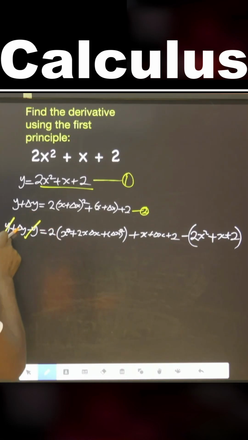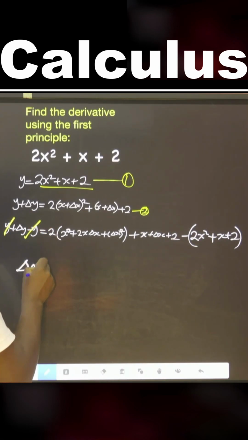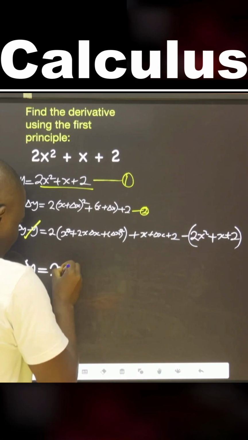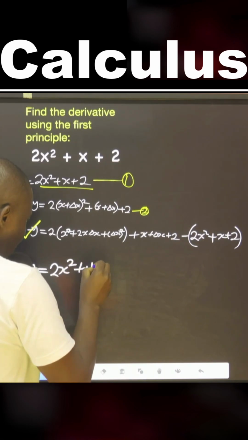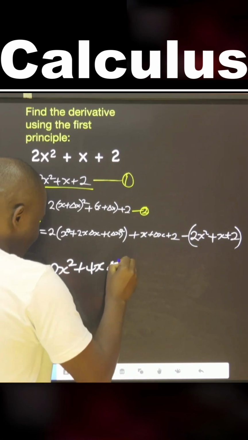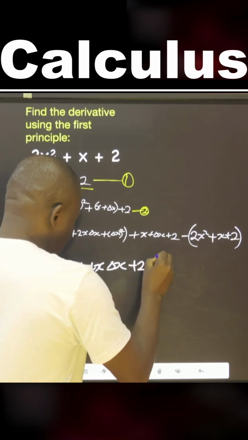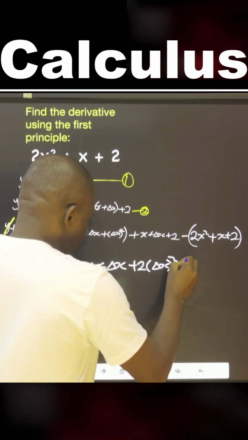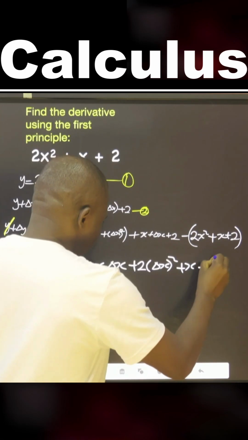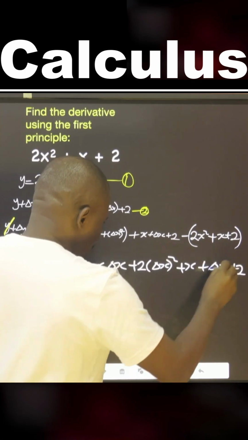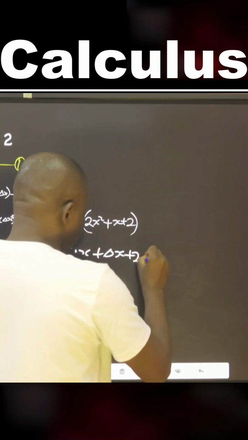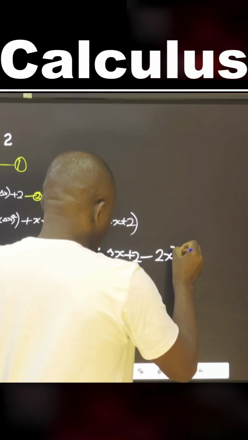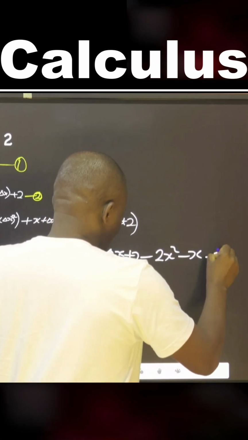So let's just remove this one straight. Remain delta y equal to 2s squared plus 4s delta s plus 2 delta s squared plus s plus delta x plus 2. This is first principle minus 2s squared minus s minus 2.